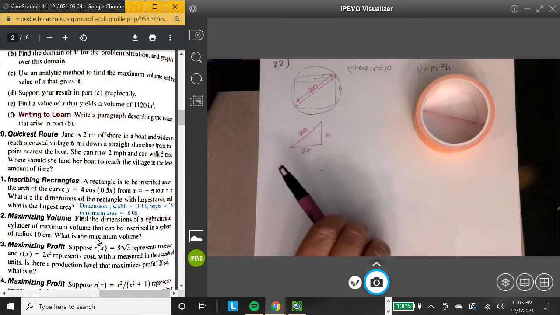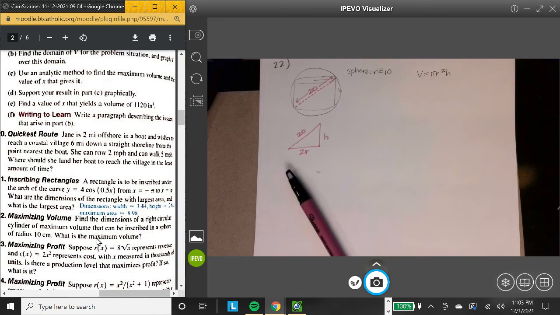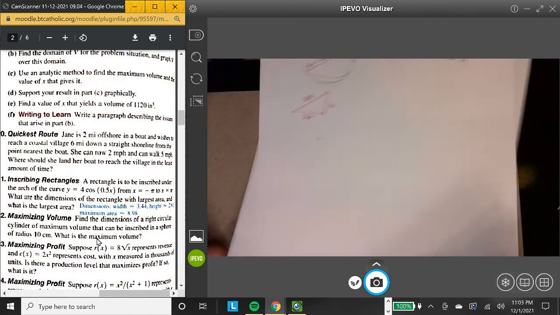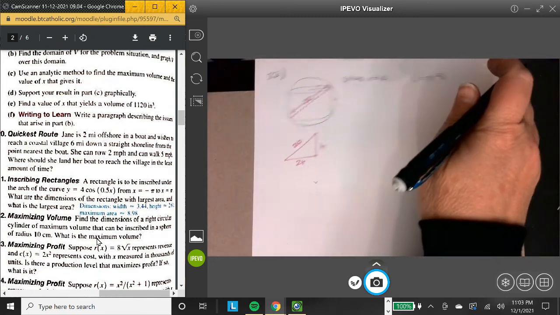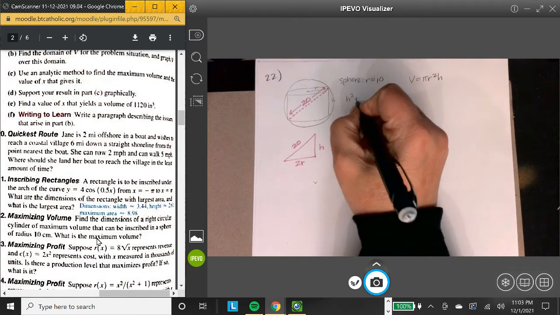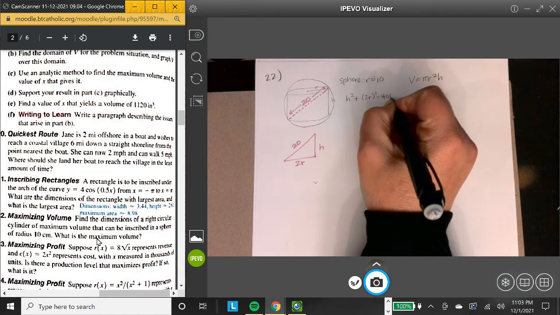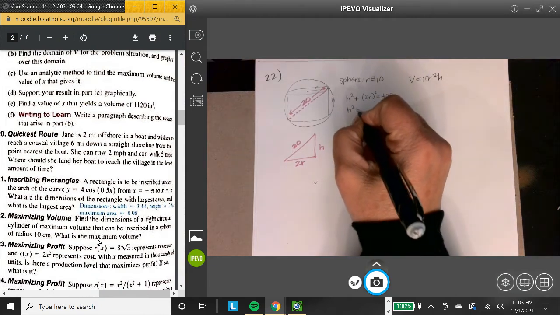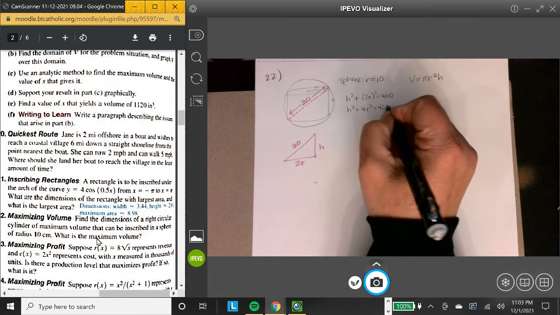All right, so I have an equation here. Nice, spontaneous prop at my desk here. So I have an equation here. I can say that h squared plus 2r quantity squared equals 400. So this is h squared plus 4r squared equals 400.